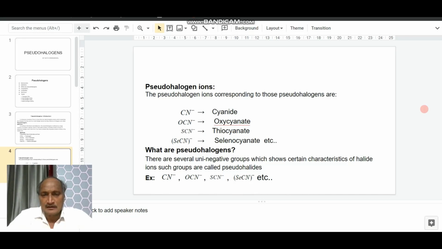Such groups are called pseudohalides. For example, CN minus, OCN minus, SCN minus, SeCN minus, etc.